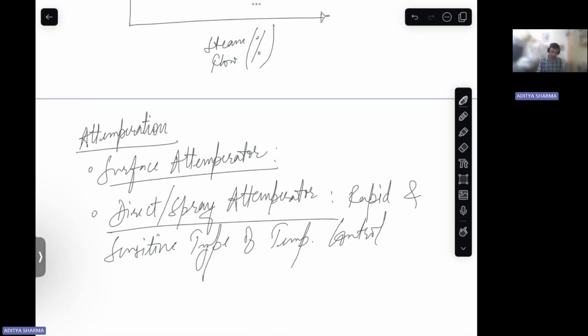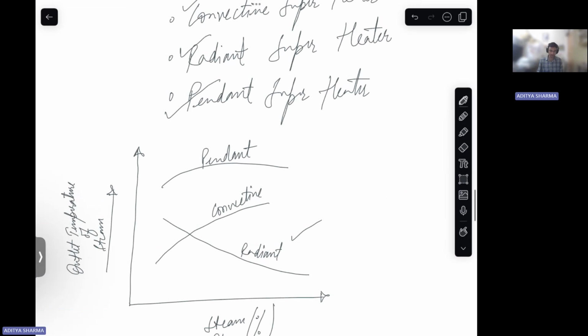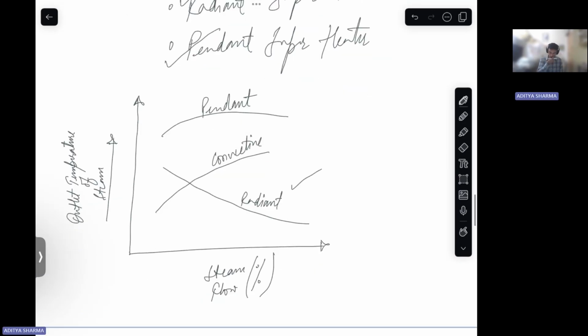So we can solve this using this diagram, this graph.